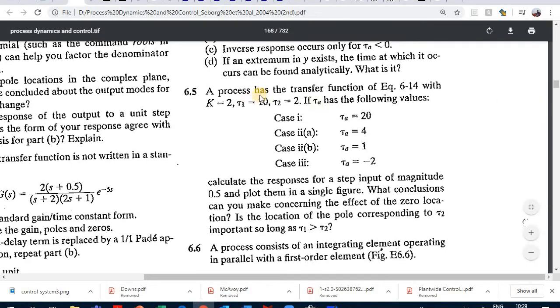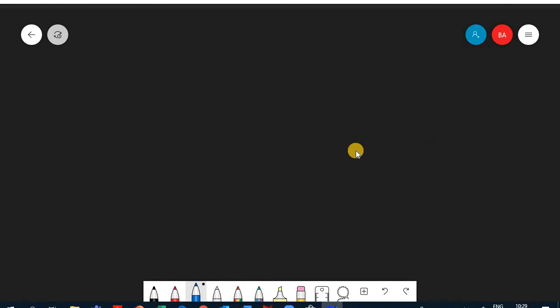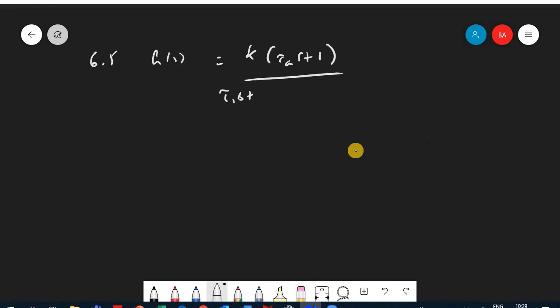Okay, great. So a process has a transfer function of equation 6.14 with K, tau 1, tau 2, and tau a has the following values. Okay, so we're talking about the standard form. So what is our standard form? For 6.5, our standard form is K times (tau a s plus 1) over (tau 1 s plus 1) times (tau 2 s plus 1).